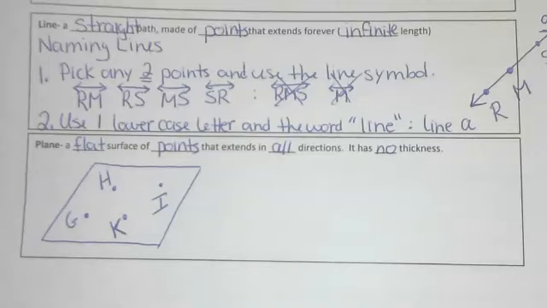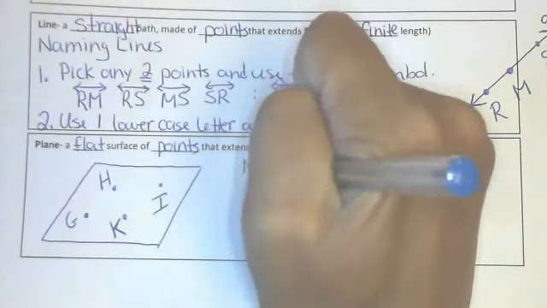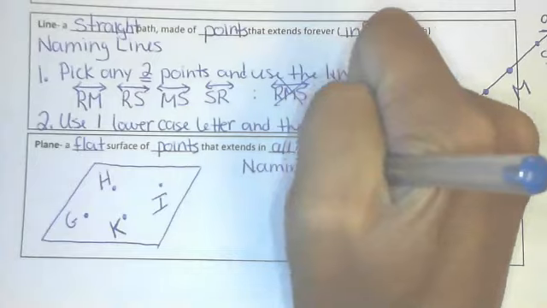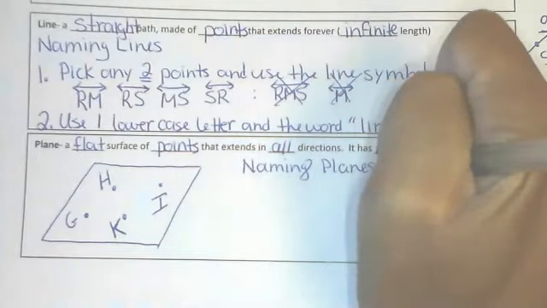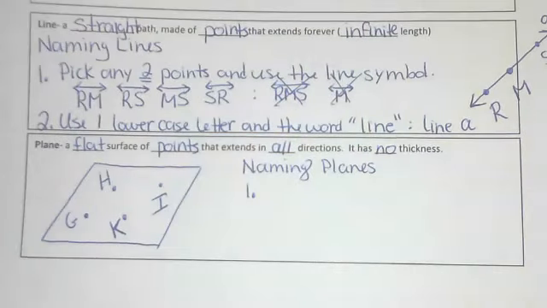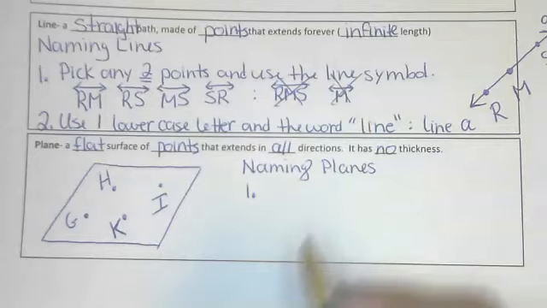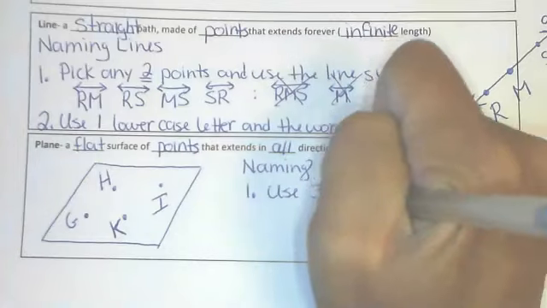And naming planes, again, two ways here. Okay, so to name a plane, you use three points.